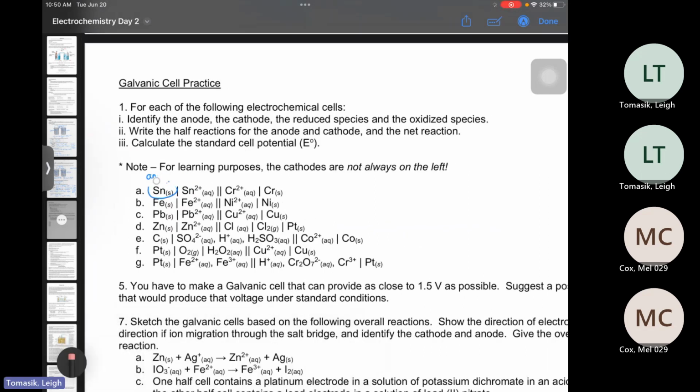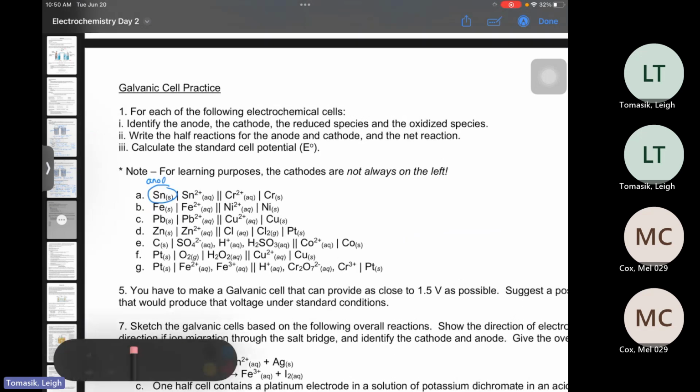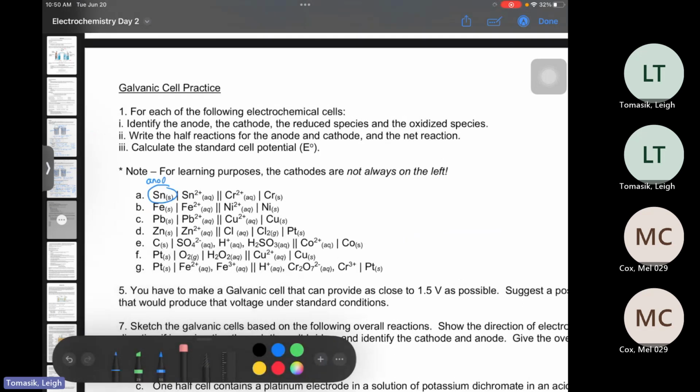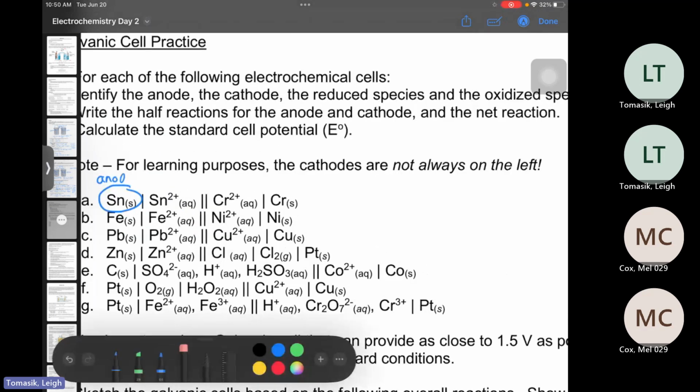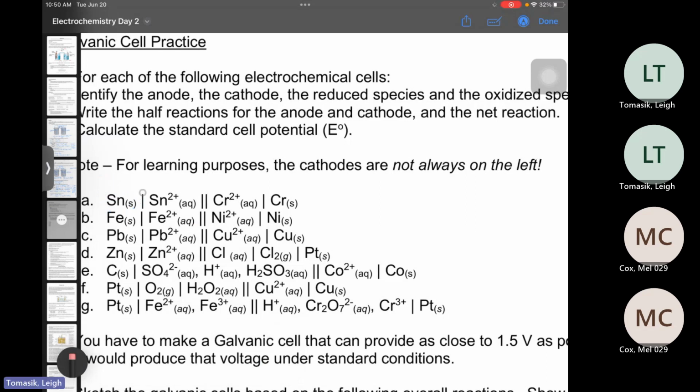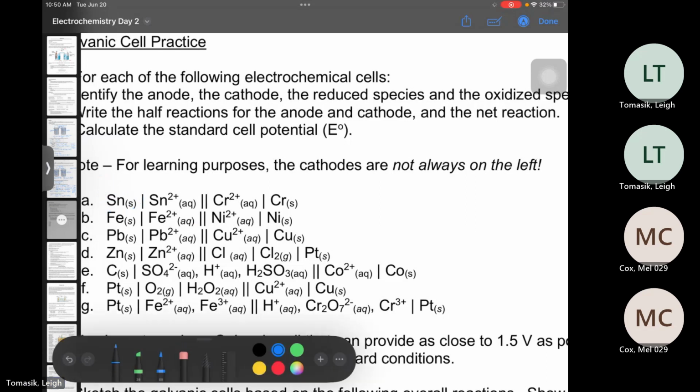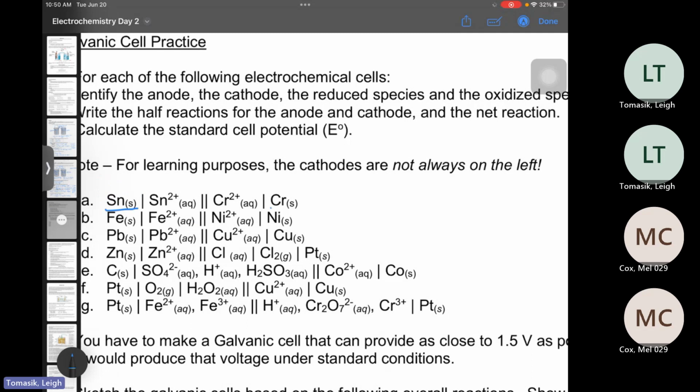Well, that's rude, okay? So they're telling us the anodes are not always on the left. They're breaking the rules. So you will have to compare these two and use the chart.